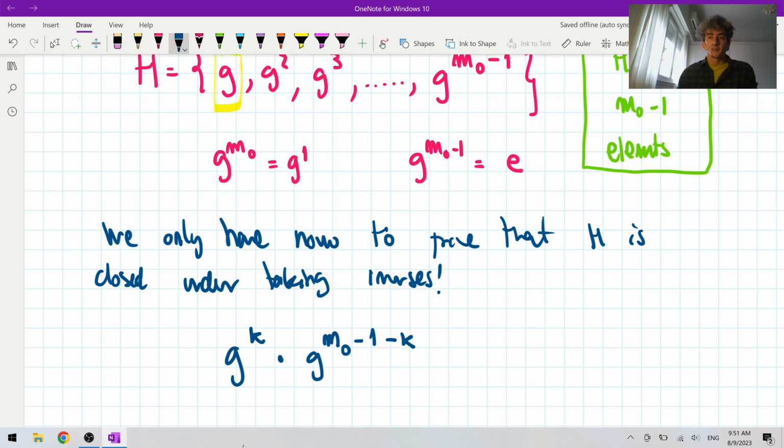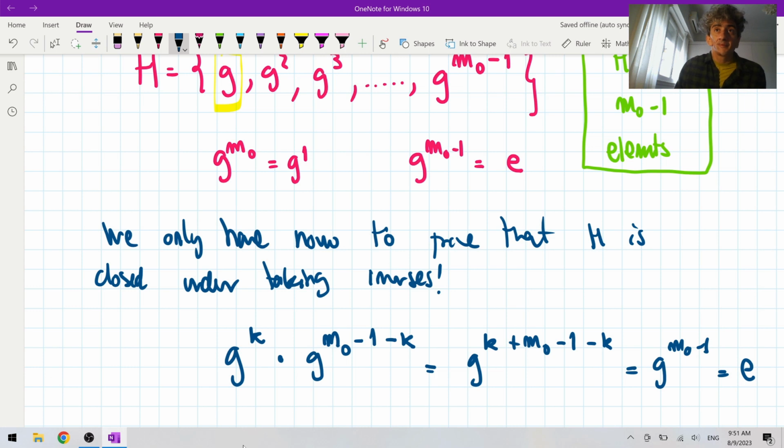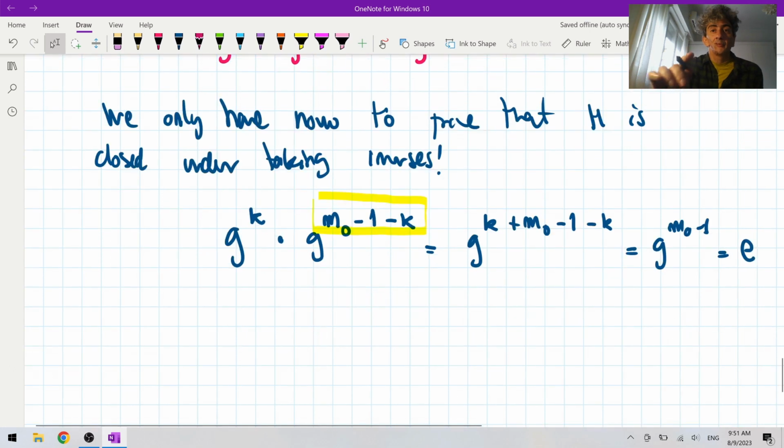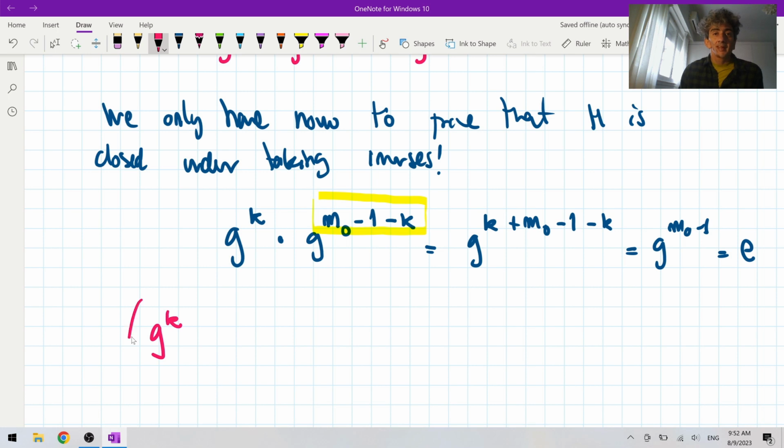Because when you actually compute this, g to the k plus m naught minus 1 minus k, this is g to the m naught minus 1, and this is the identity element. And all this works because this is a natural number. So the inverse of g to the k is actually this power of g.